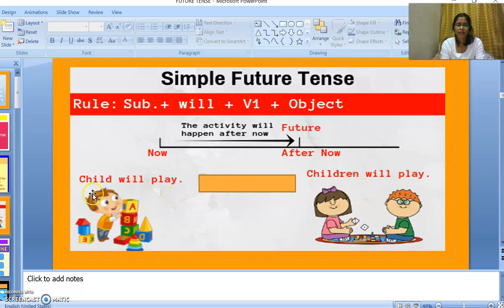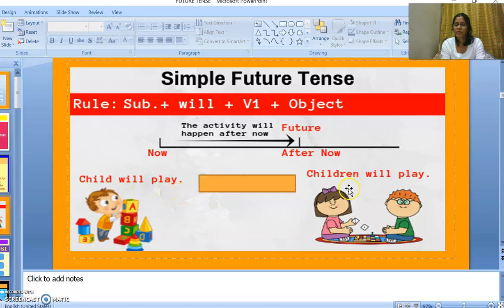Here, child is the subject. Will is, obviously, since it is simple future tense, we are supposed to use the rule. The rule or the formation of simple future tense. Let me explain the formation first. The rule: subject plus will or shall plus verb form, that is base form of verb, followed by object. And here there is a sentence of simple future tense.